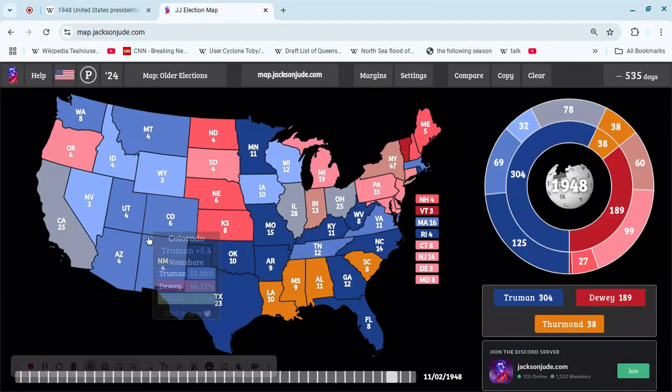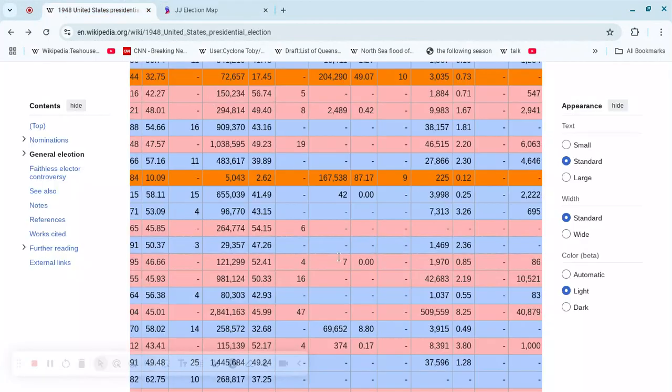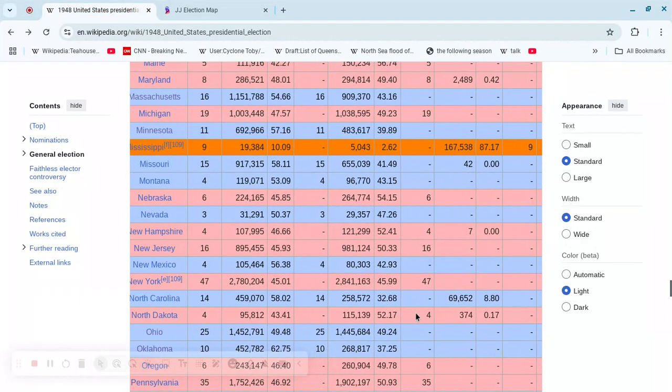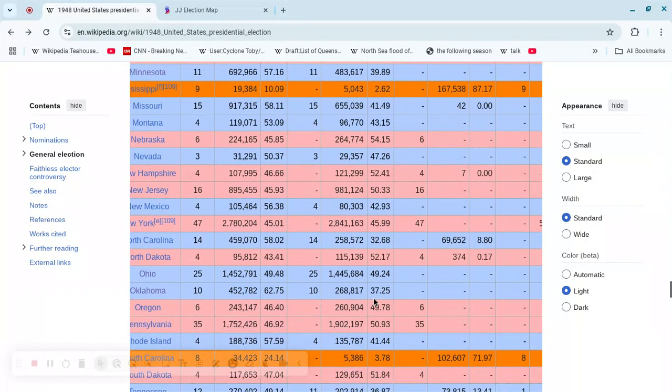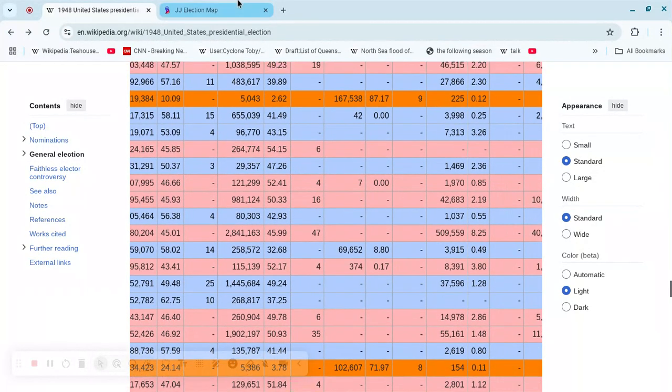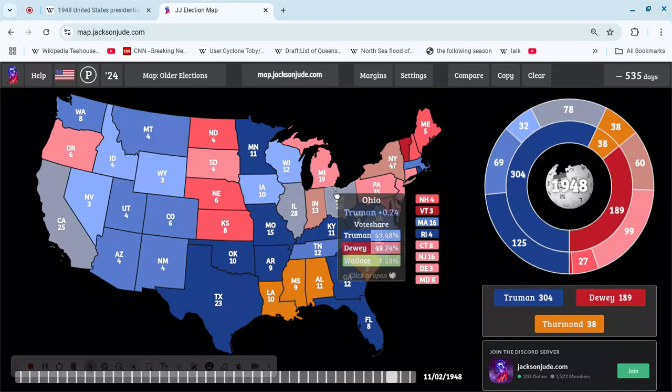New Mexico, I don't think it really makes a difference in any facet. North Carolina, same thing. Ohio, where he gets 1.8% of the vote. Now, Ohio supports Truman by 1.5%.